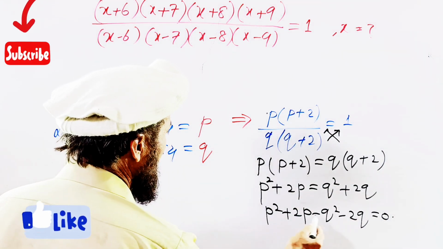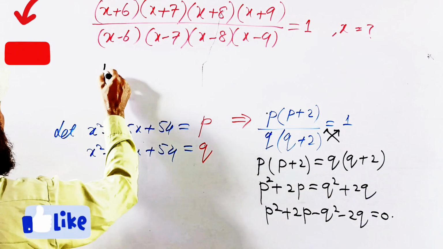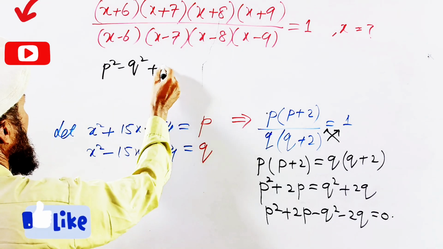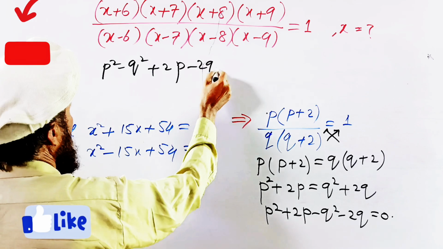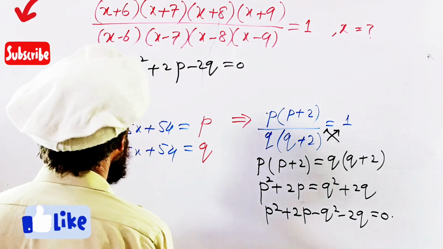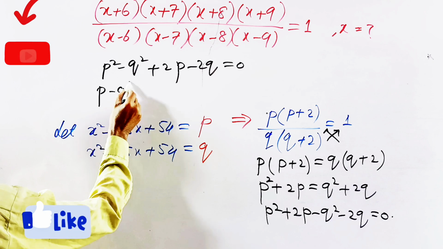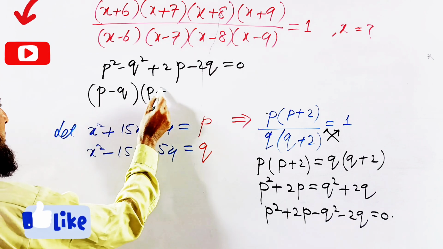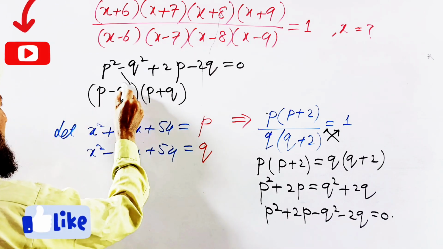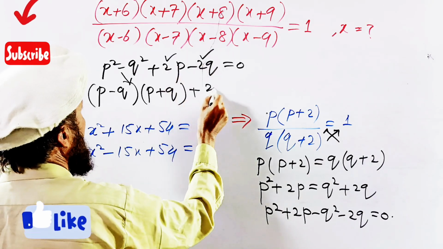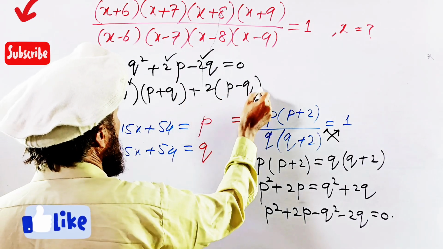Arranging the terms, p square minus q square plus 2p minus 2q is equal to 0. According to the formula a square minus b square, we can write p minus q into p plus q, plus 2 common, p minus q.